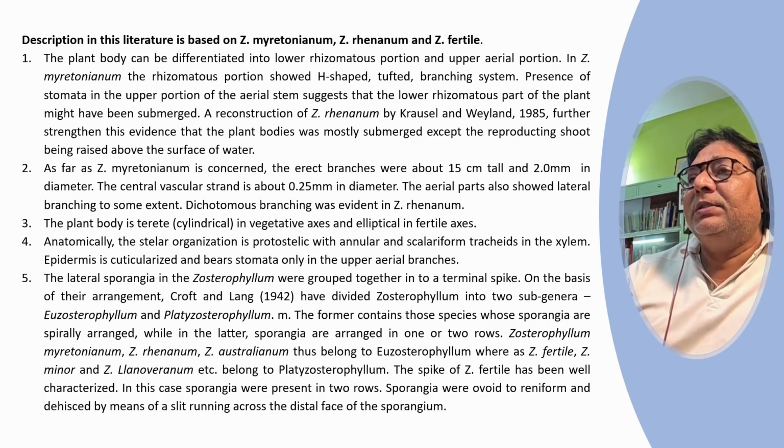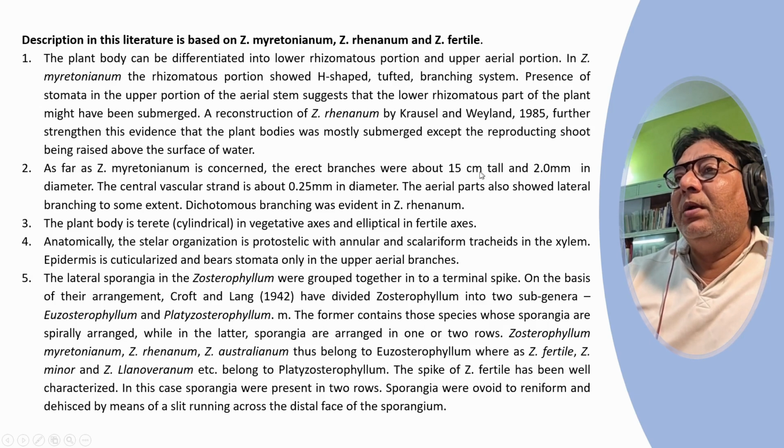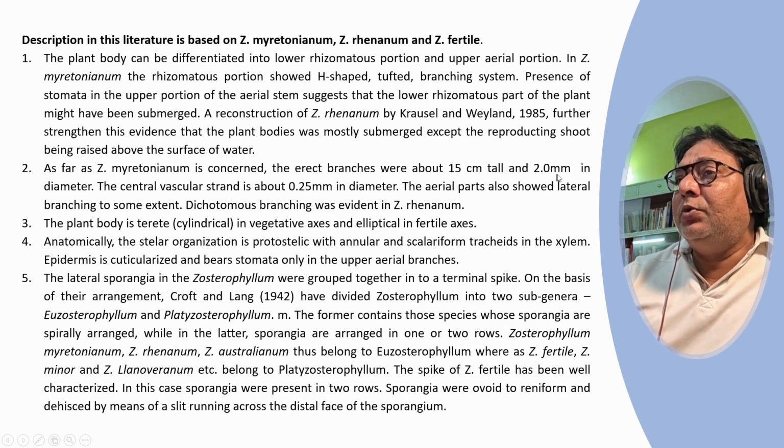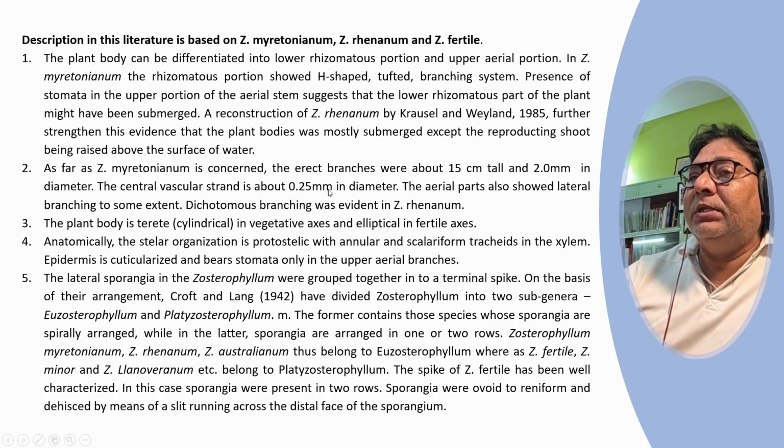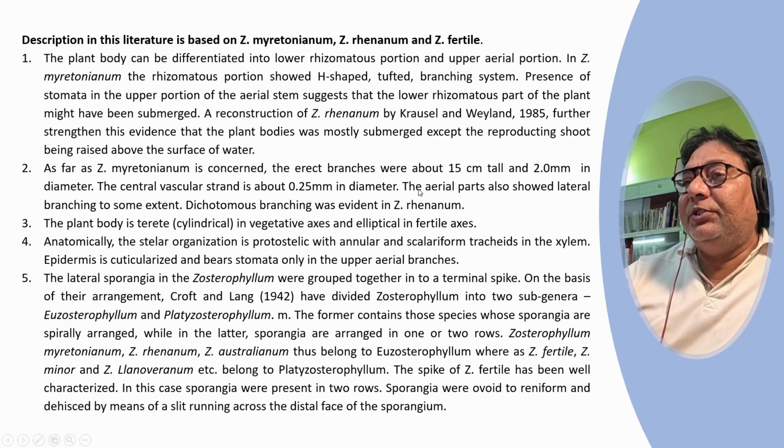Some plants might be longer or shorter than this also. Tall and 2 millimeters in diameter. The central vascular strand is about 0.25 millimeter in diameter. It is difficult to imagine, but they are saying that the central strand was larger than in Rhynia.